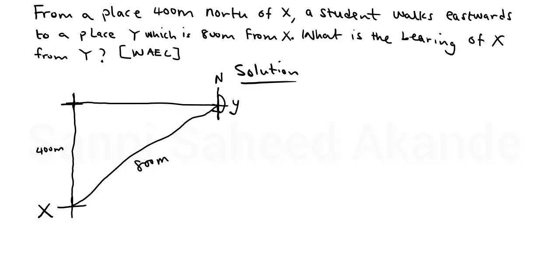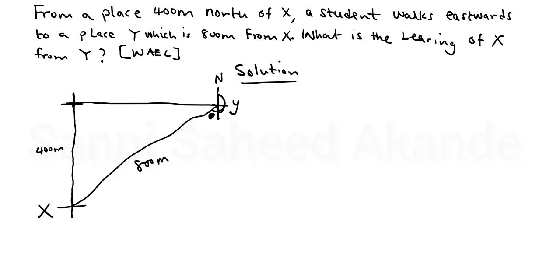So I already know that from this north pole to this south pole is 180 degrees. So I needed to know this angle now. Once I know this angle, I will just add it to 180 degrees, and that will give me the bearing of X from Y. But the question is, how do I get that? So there is no cause for alarm. Just follow step by step. You will get that very soon.